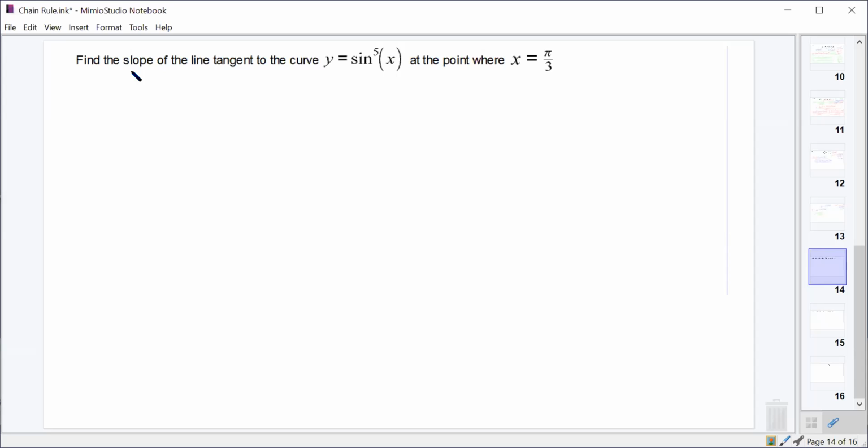If we want a slope of a tangent line, what is that asking us to find? The derivative. It's asking us to find a derivative, exactly. So we need to find y prime. This is sine to the 5th, so that's y equals u to the 5th, with u equal to sine x.